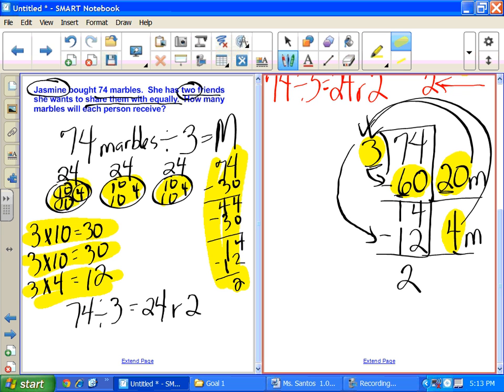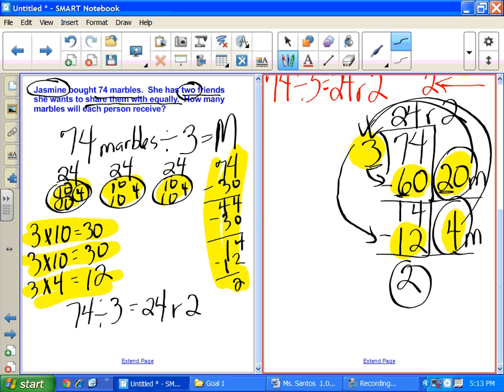And then we did 4 marbles for 3 students is 12. As you notice, though, we still got the same amount. So we gave out 20 marbles and 4 more marbles for 24 marbles total to each child, with a remainder of 2 marbles. So you can see this is a much more efficient way of working out a division problem.